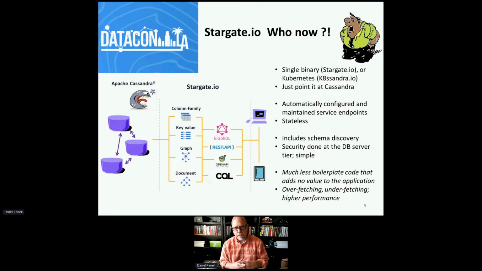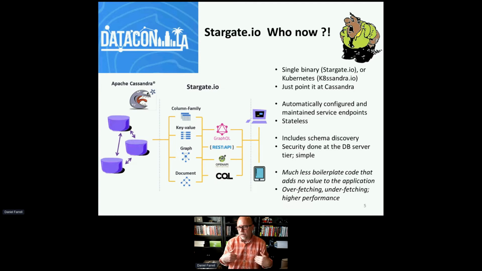And from this graphic, we could see a terminal and we see a mobile device. Each of those can speak CQL, which is the Cassandra version of SQL, but perhaps faster and better for us as application developers, I can speak GraphQL, automatically generated and maintained with Cassandra and the Stargate.io subcomponent, REST, other communication protocols, and those are automatically hosted, automatically generated, automatically maintained.